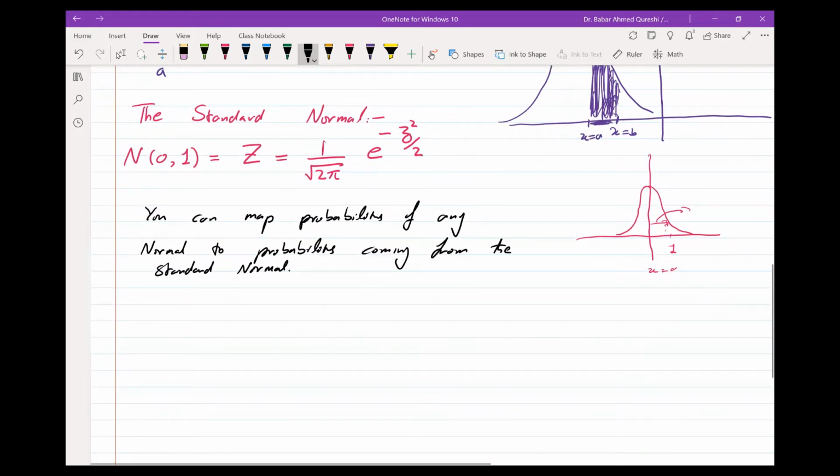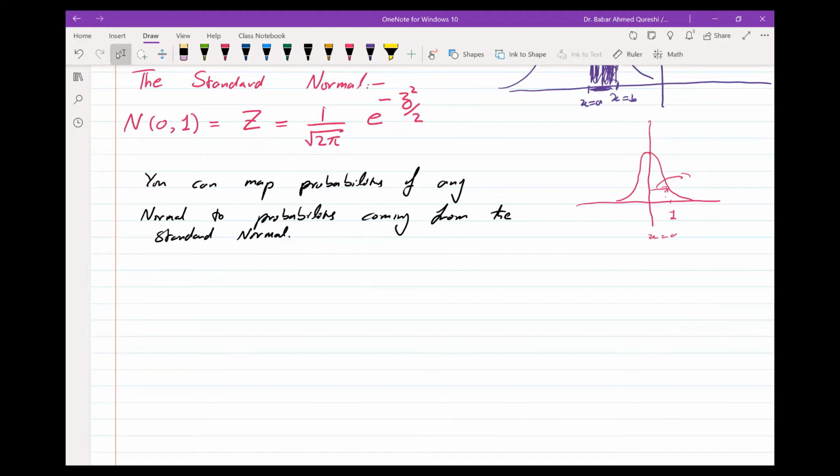So how does this work? Now suppose you are given a normal, you have a random variable x, and its probabilities you want to know, and you know that its distribution is normal with this mean mu and standard deviation sigma.